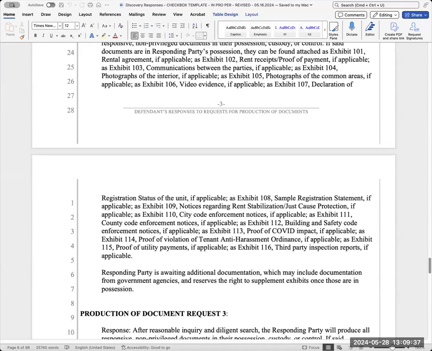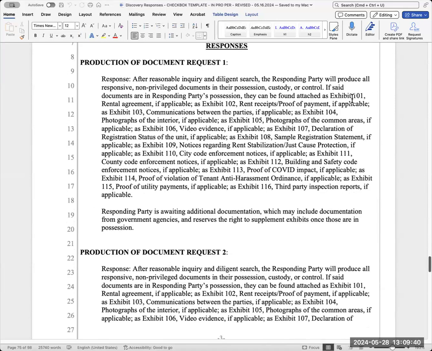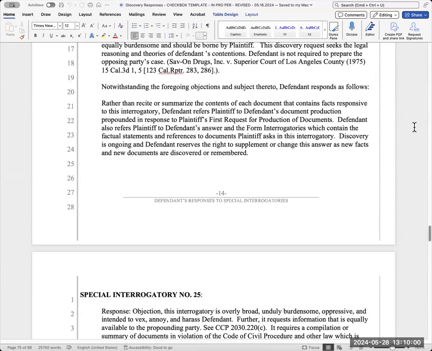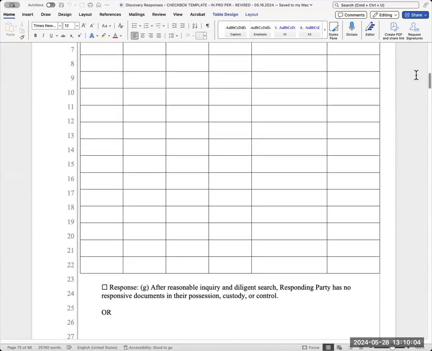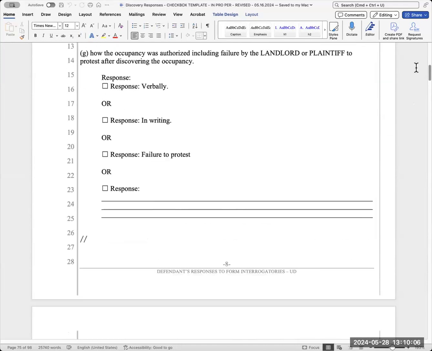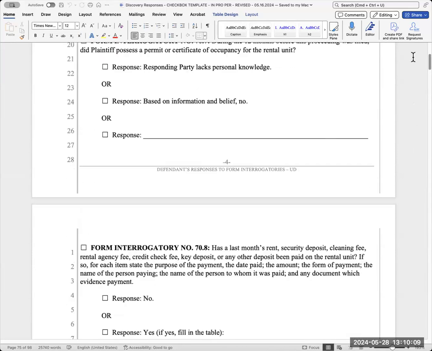Go down to the request for production of documents, you'll see they've explained, right? 101, the rental agreement. 102, rent receipts, proof of payment. 103, communication between the parties. 104, photographs of the interior, if applicable. 105, photographs of the common areas, right? Those are the categories of evidence. And so when you're doing the form interrogatories, right, you're going to be referring to those categories of evidence.